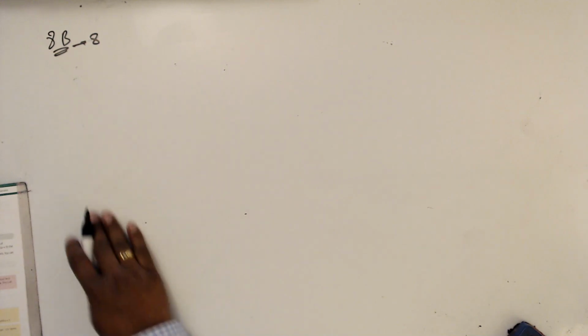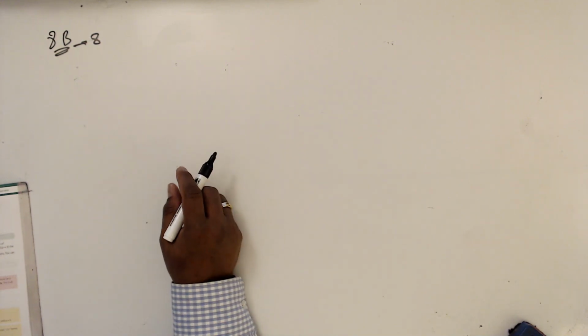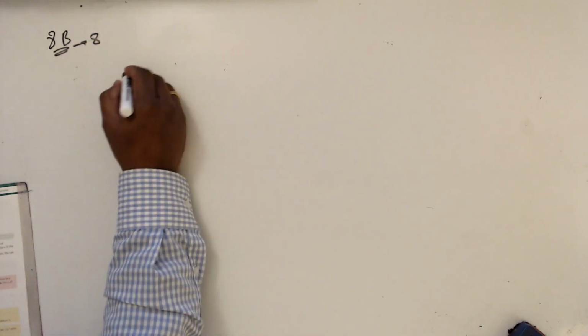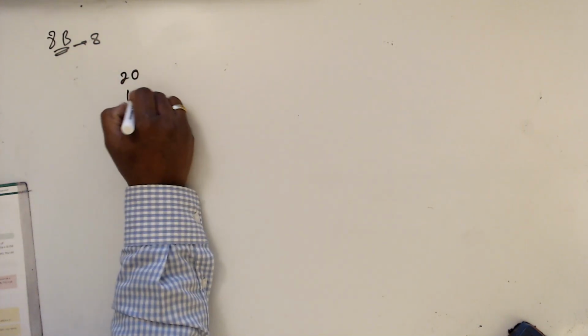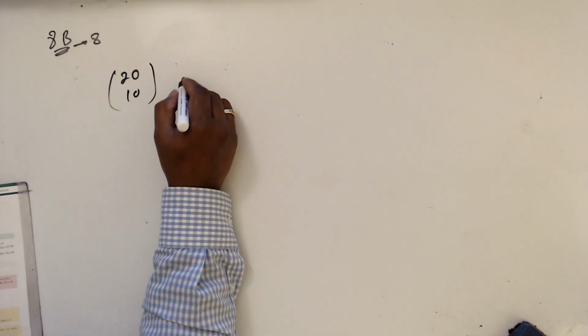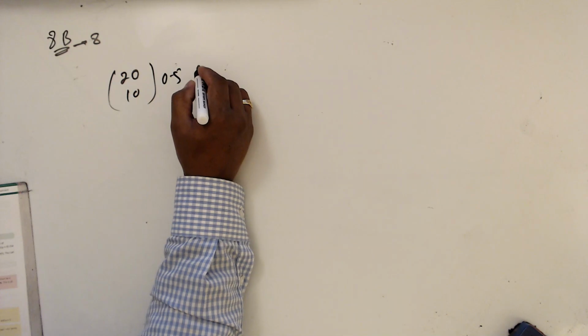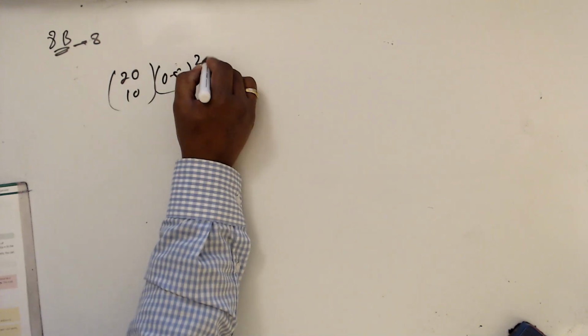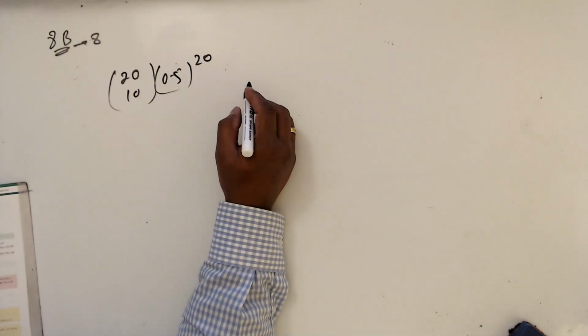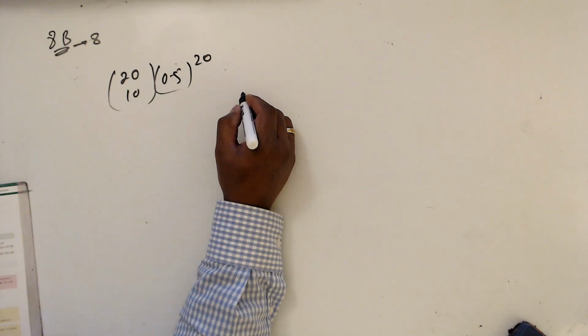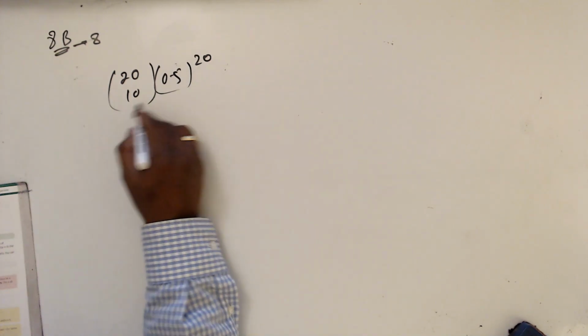Question number 8. 20C10 times 0.5 to the power 20. So we want to simplify this one.